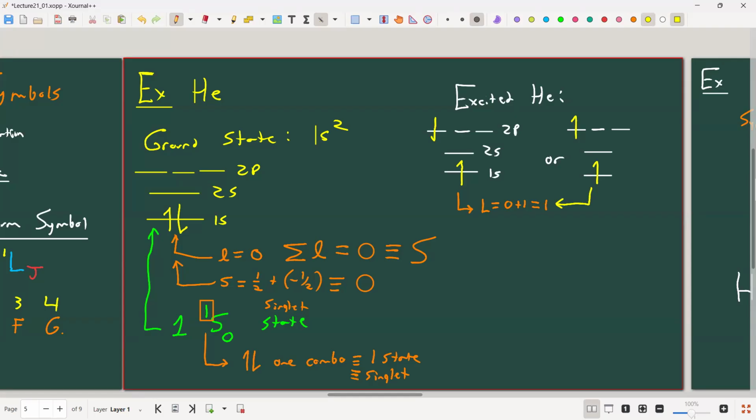So the way these 2 states are going to be written differently is by considering how the total spin is different. Right? So for this state, S is 0. And for this state, S is equal to 1, or plus or minus, because they could both be pointing up or they could both be pointing down.